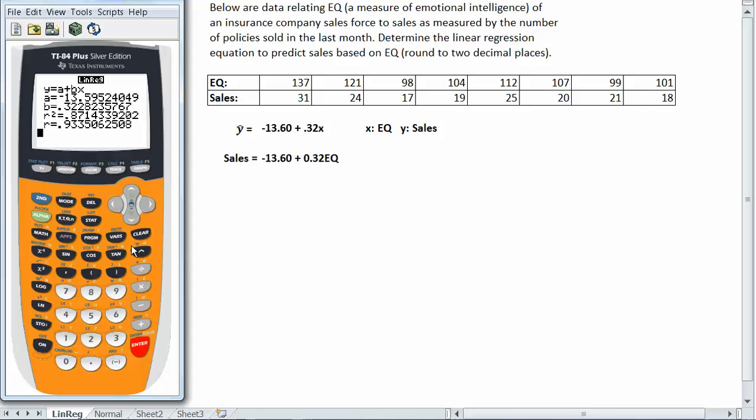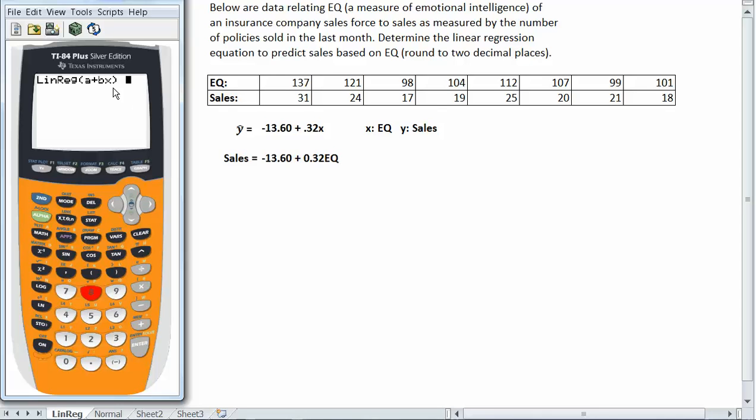Now I'm going to show how to do this if you have a TI83 or an older model TI84. I will show you how it looks in that situation. Okay, you want to do the same thing, type your data in, but when you go to Stat Calc and you go to number 8, notice you don't get the menu anymore.